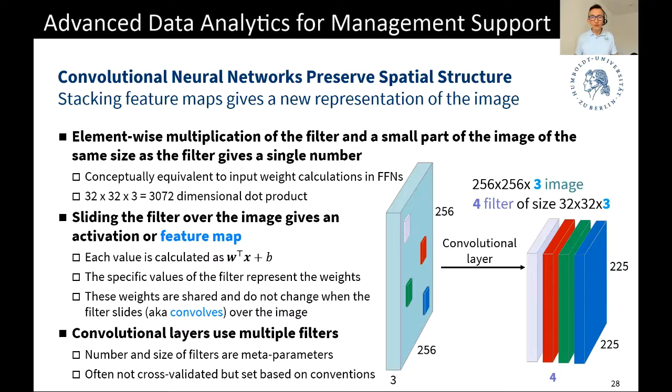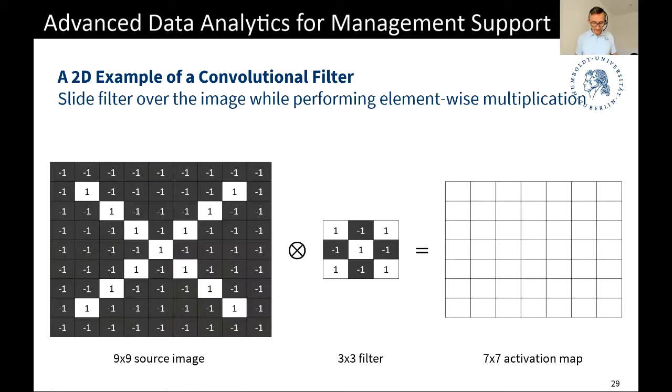We can consider a simplified example. Here is a simplified example. I get rid of the depth dimension in the input image. This gives me a 2D example, where we could say, we have a black and white image. Black and white is nice because we don't need to worry too much about the numbers.